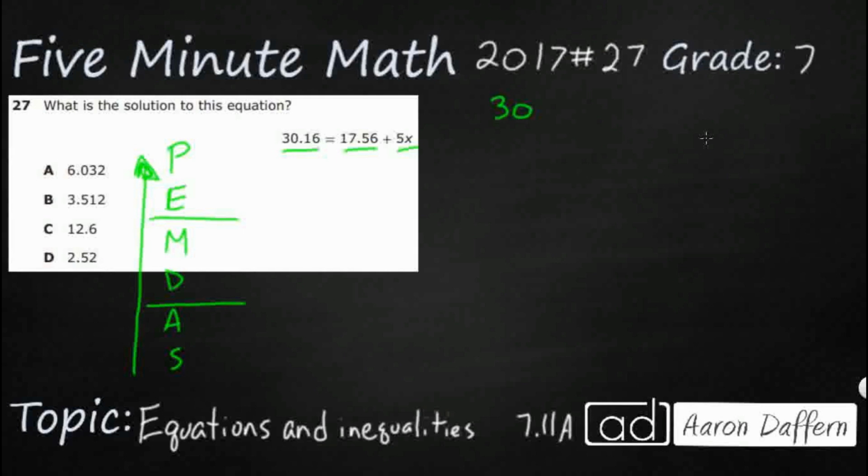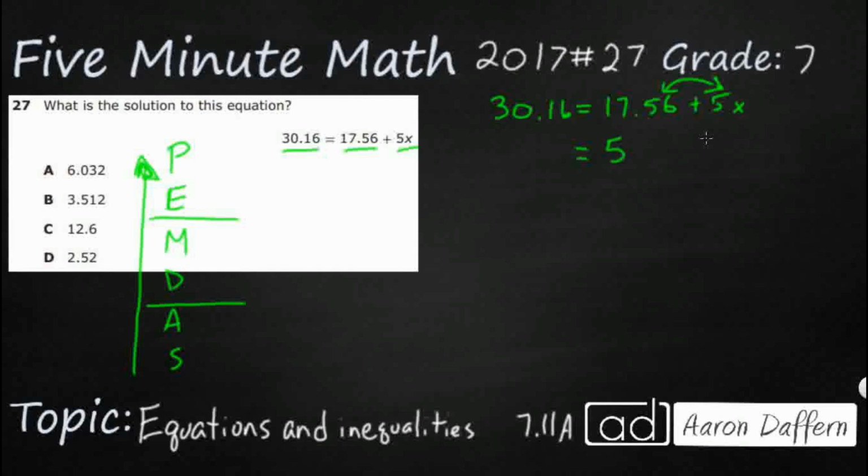Let me write this a little bit bigger over here so we can work with it. So 30.16 equals, and then we need to get some work done over on the right side of this equation. There are two different operations keeping this x from being isolated. We have this addition, right? We're really adding the 17.56. So if it makes us feel any better, let me use the commutative property of addition, which lets me swap the order of the addends.